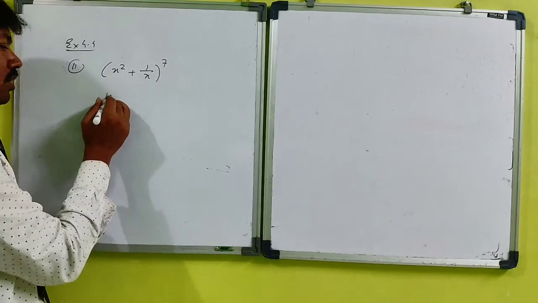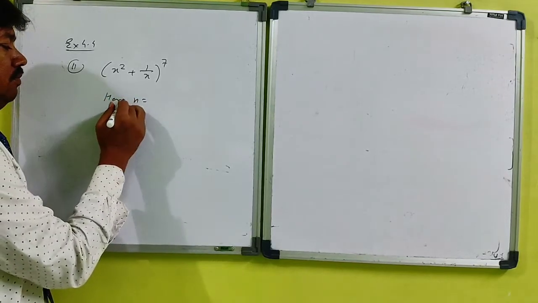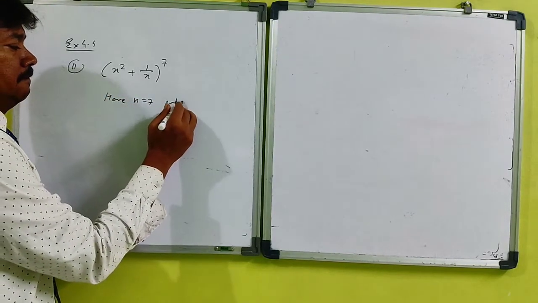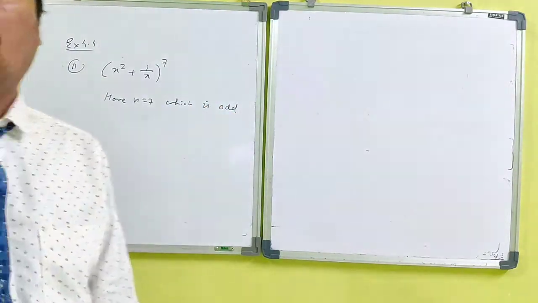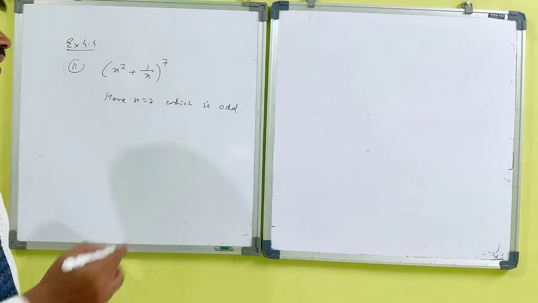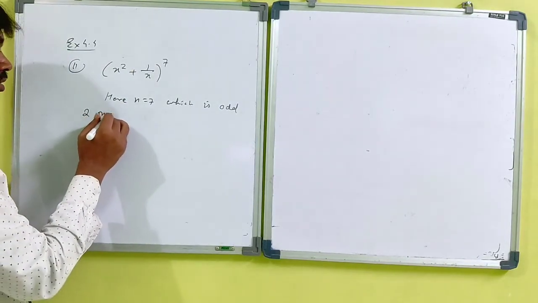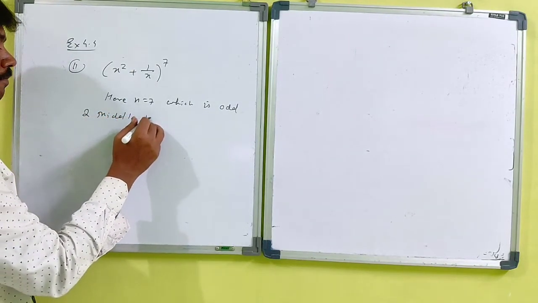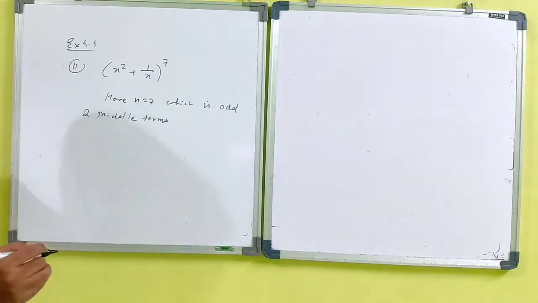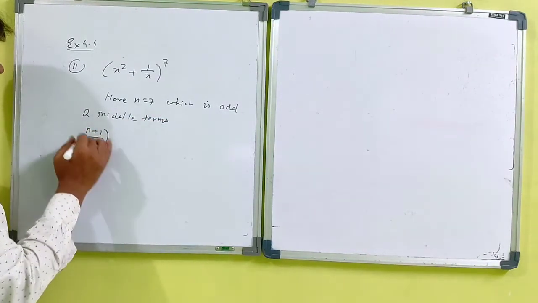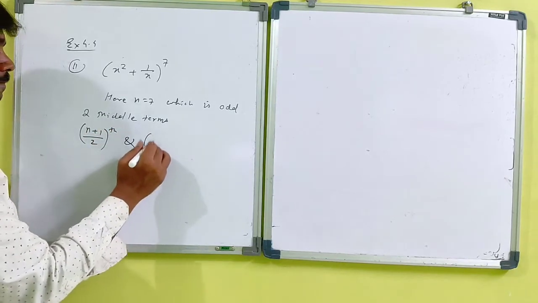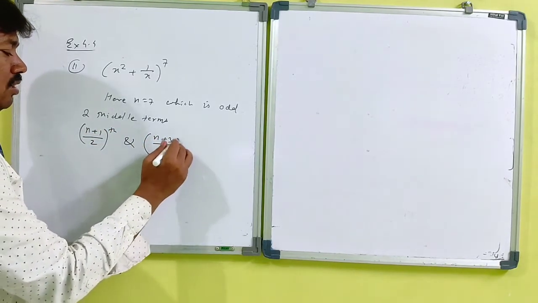So here n = 7, which is odd. When n is odd, there are two middle terms. And what are the two middle terms here? They are (n+1)/2 and (n+3)/2.